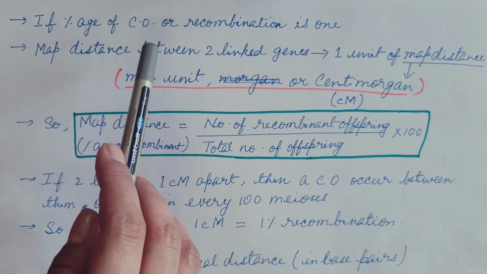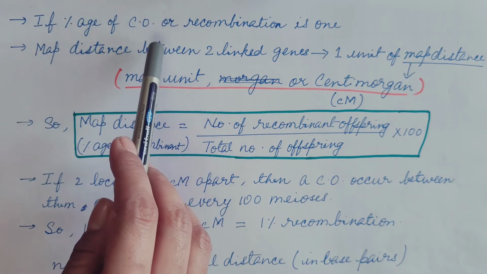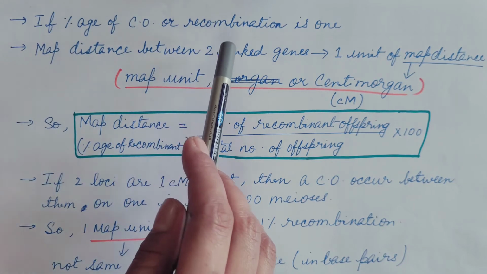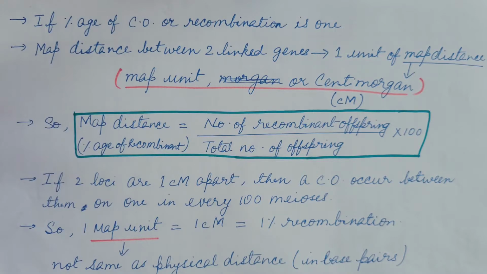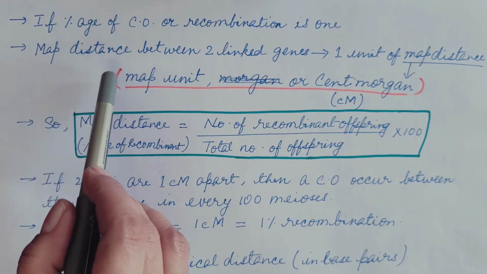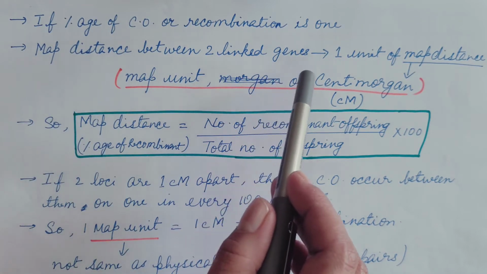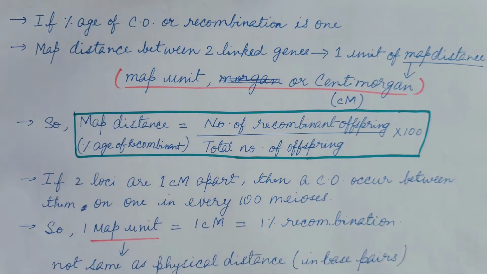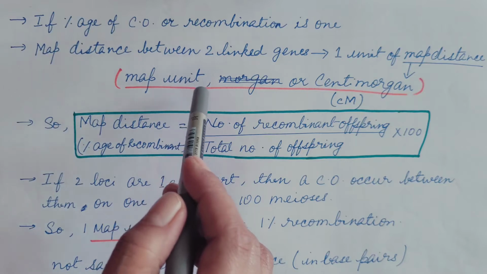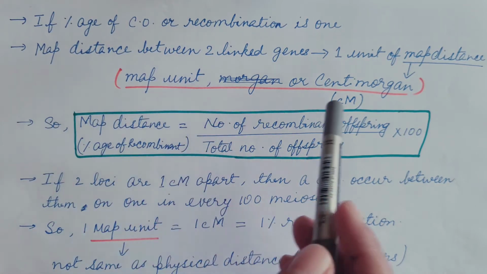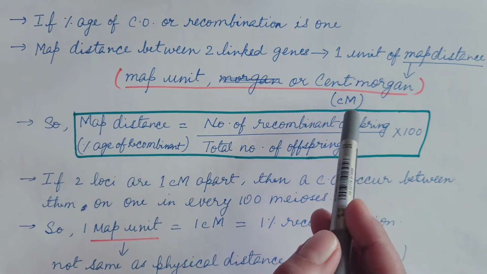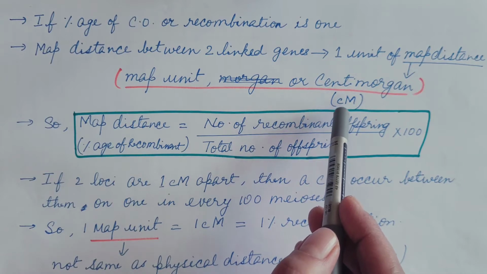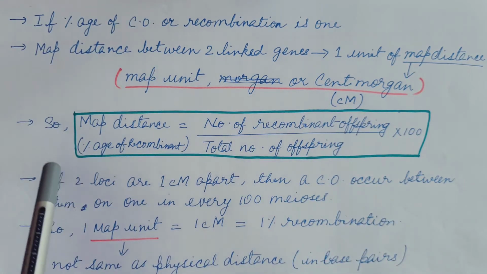If the percentage of crossing over or recombination is 1, then the map distance between two linked genes is called 1 unit of map distance. It is also known as a map unit or centimorgan, which is written as cM.